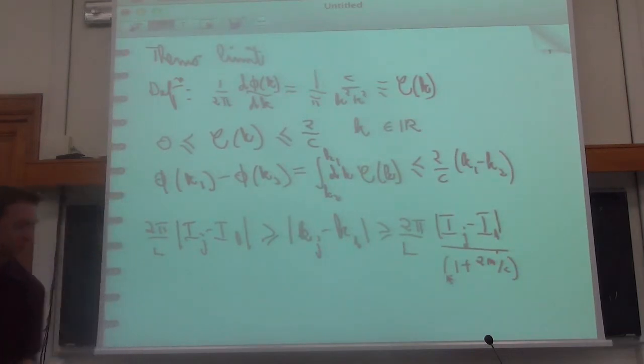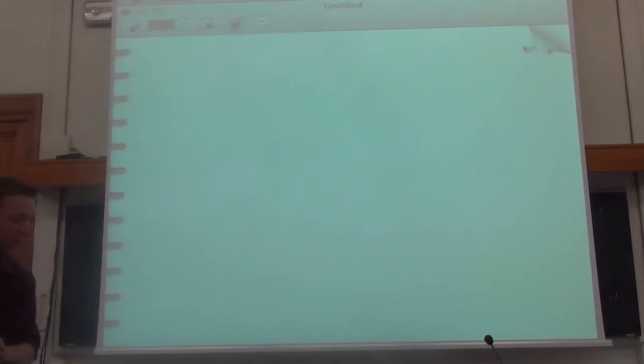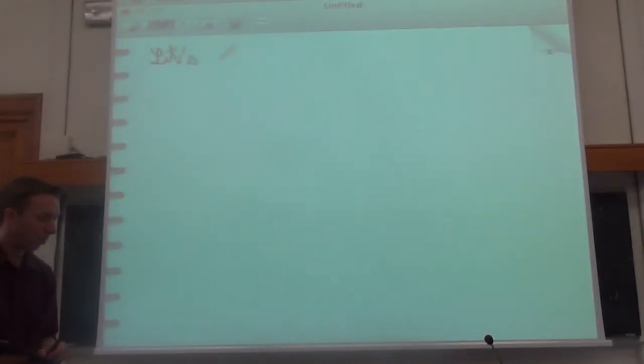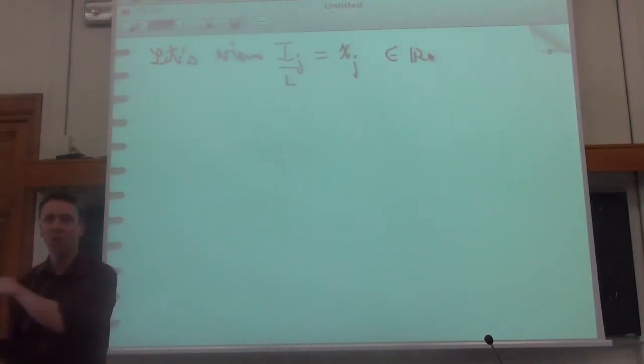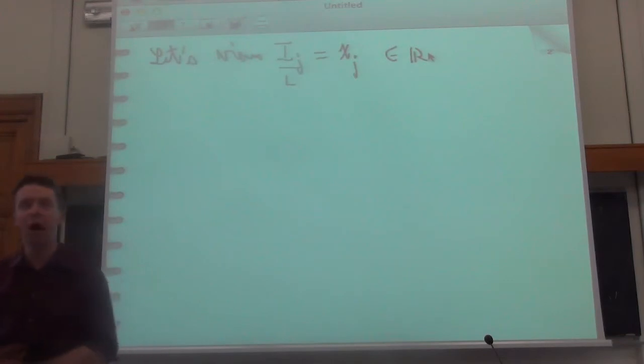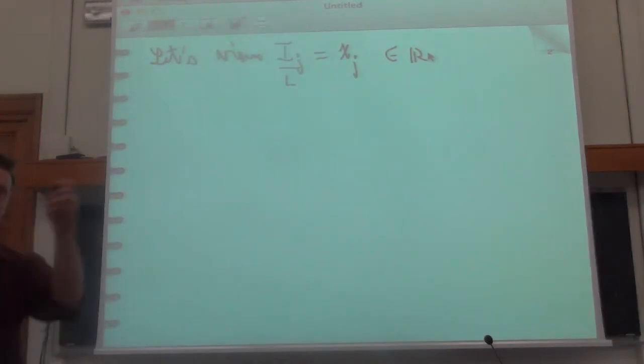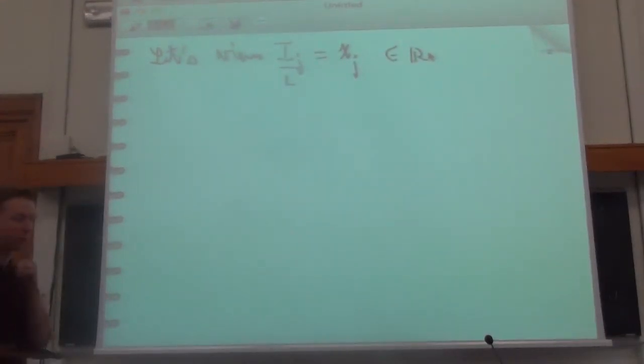So what we will do is essentially do the following. Let's view ij over L as some coordinate xj on the real line. Okay? So there's a quantum number space, which is just R, which we will use as the label for our quantum numbers.